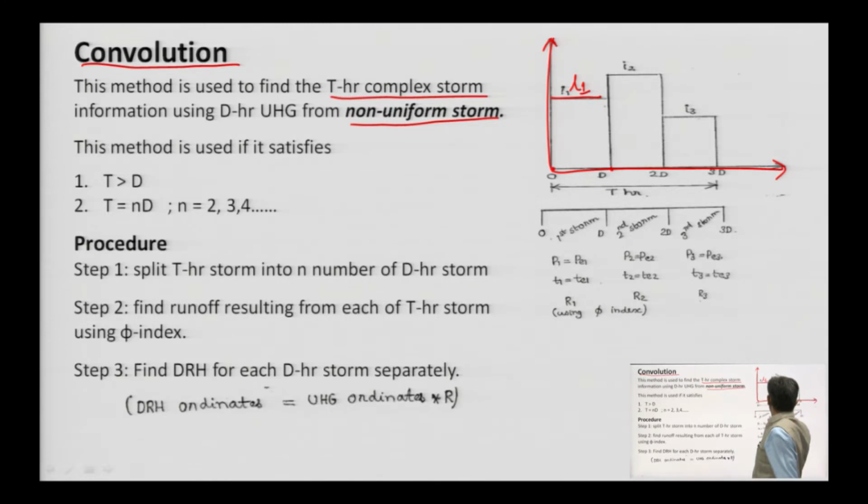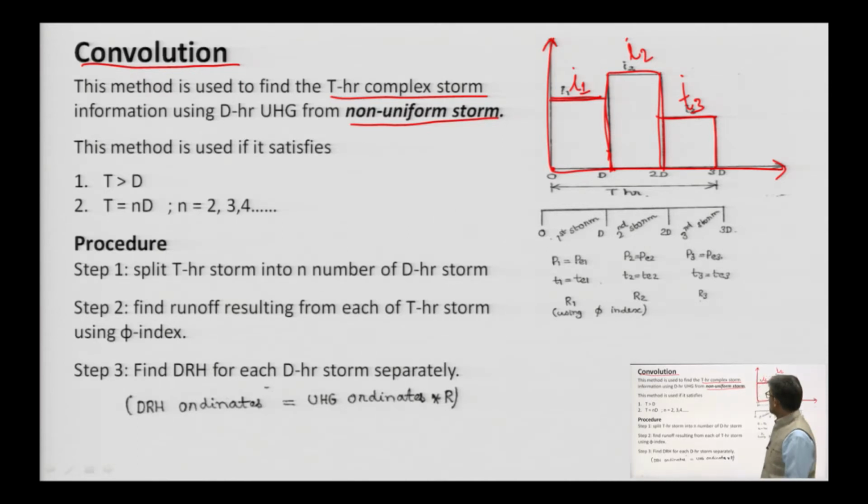From D to 2D, the intensity of precipitation is I2. Similarly, for the next duration it is I3. Such type of precipitation is non-uniform.